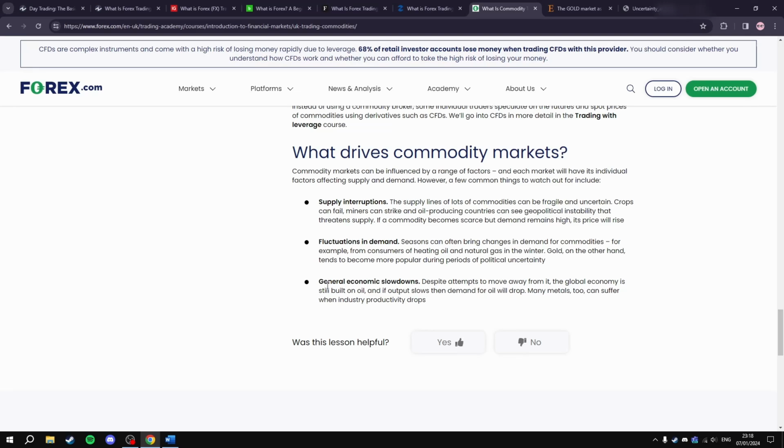General economic slowdowns. Despite attempts to move away from it, the global economy is still built on oil, and if output slows, demand for oil will drop. Many metals too can suffer when industry productivity drops.